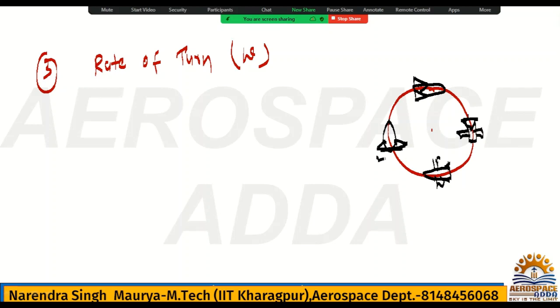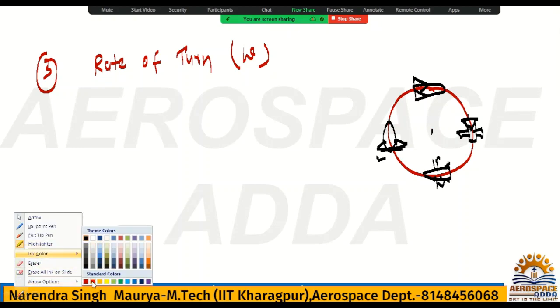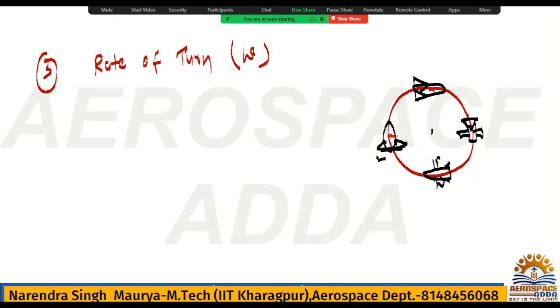I'm just considering this diagram. Basically it's a circular motion. If you take this part, the diagram will be like this.